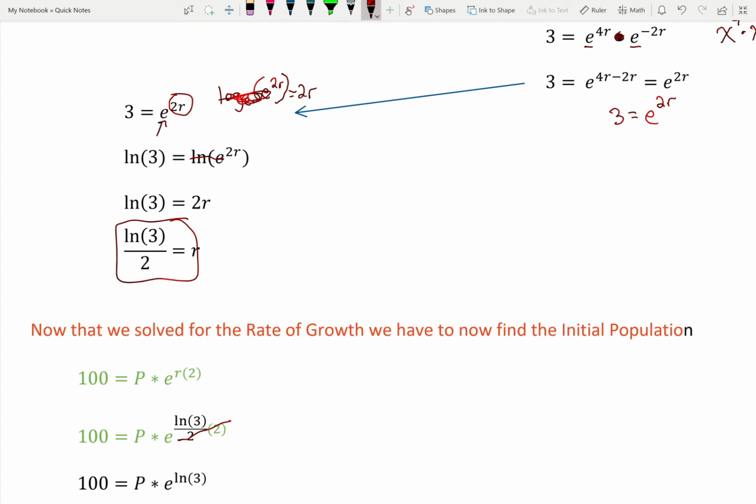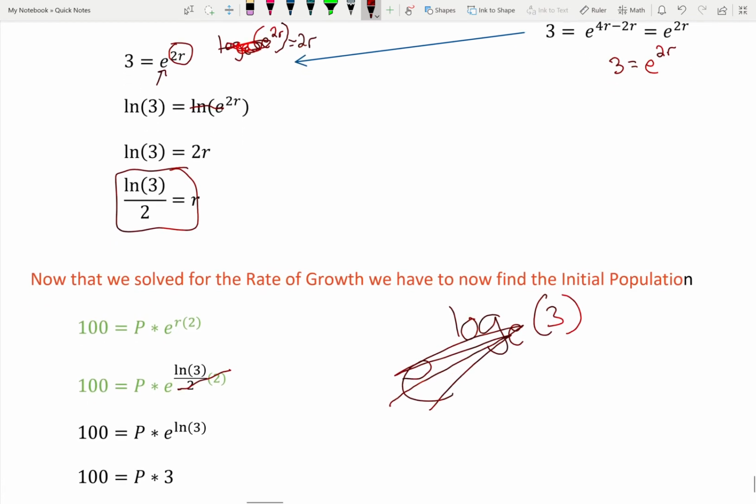But if you guys remember, if I have e raised to the log base e of 3, these guys, because they have the same base, will cancel each other out, and it'll just leave me with a 3. This means my sentence actually says 100 equals 3 times p.